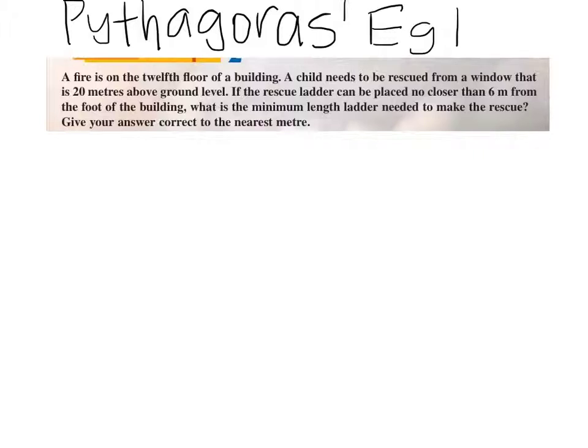Okay, with any word problem, we first need to draw a diagram. So we know that the window is 20 metres above the ground.